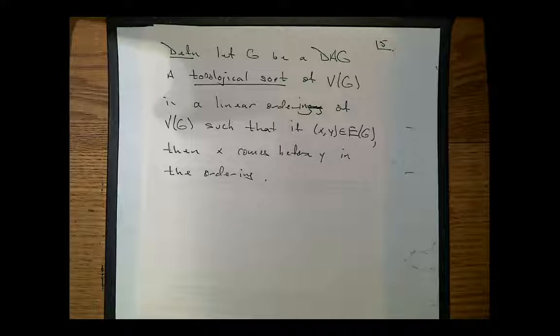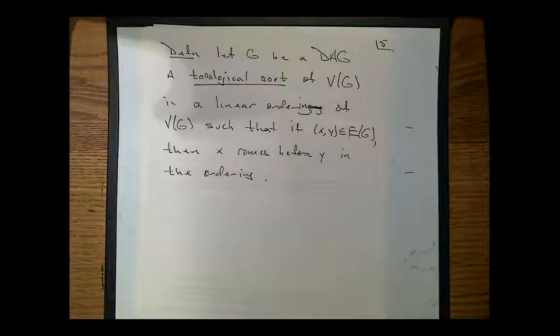So does everybody know what I mean by a linear ordering? It's just arranging the vertices on a horizontal line from left to right. The one on the left is the earliest, the one on the right is the latest. It's a ranking, if you will, of all the vertices in some numerical order: first, second, third, fourth. That's what I mean by a linear ordering of this finite set of vertices.